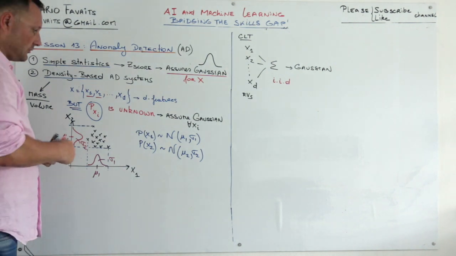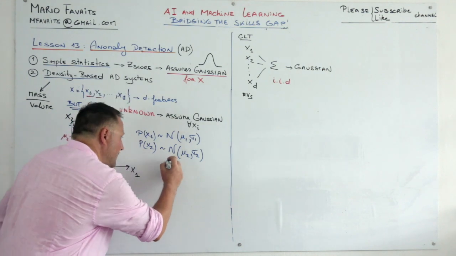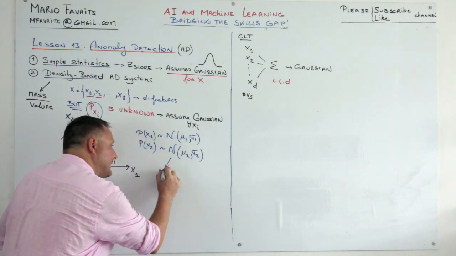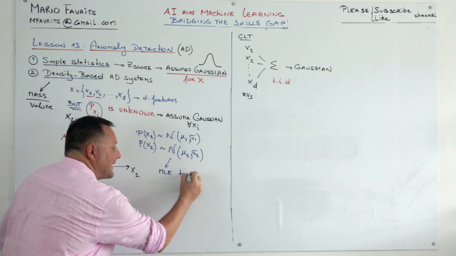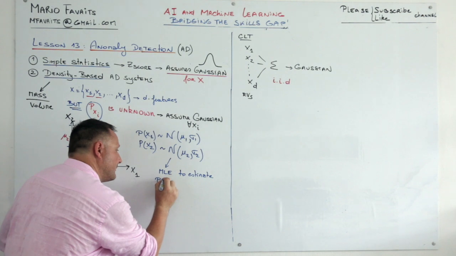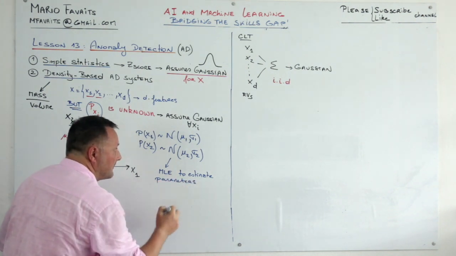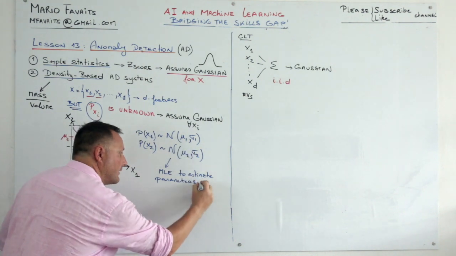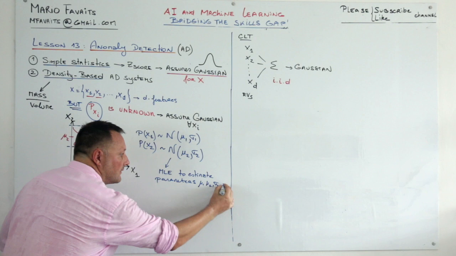So what we're going to do now is use MLE, maximum likelihood estimation, to estimate the parameters. And the parameters are these four here: mu1, mu2, sigma 1, sigma 2.